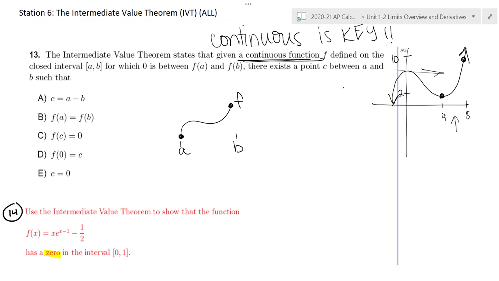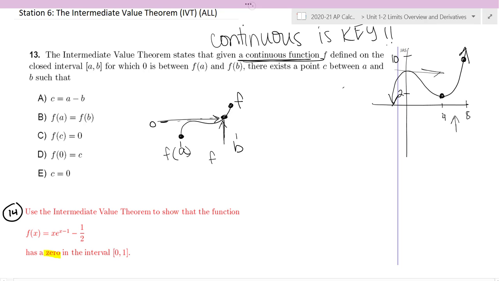So we're saying there exists a point between A and B such that 0 is a point or an output that is somewhere between, let's just say it's right here. We're saying that there is a point where the output is 0. So what does that mean that it has to be? We know that there is an output of 0 somewhere between A and B. So what that means is we have to plug in some number. So here's a.